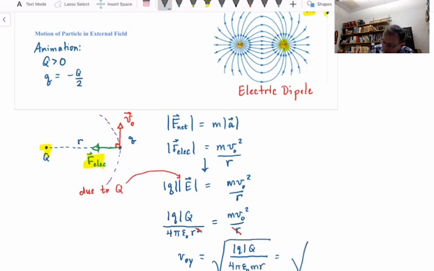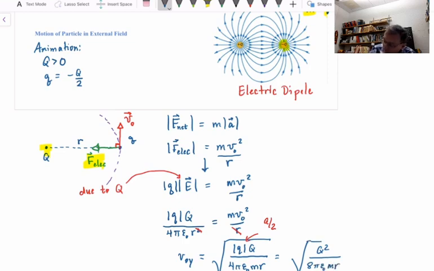Or, remember, little q magnitude is big Q over 2. So this is big Q squared over 8 pi epsilon 0 m r.